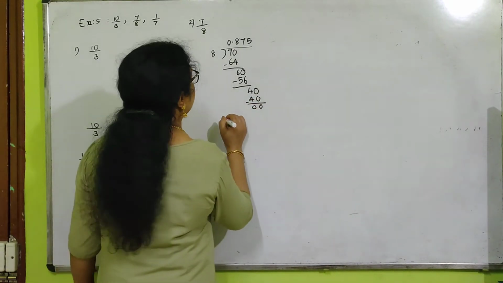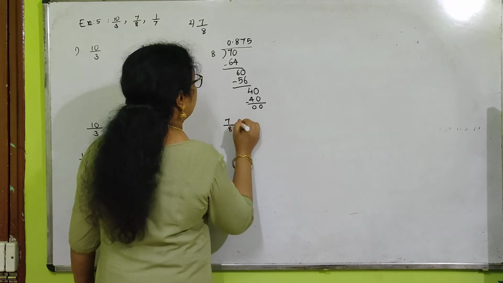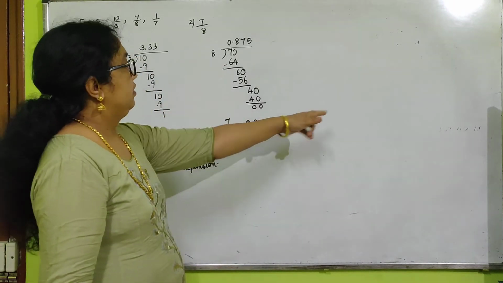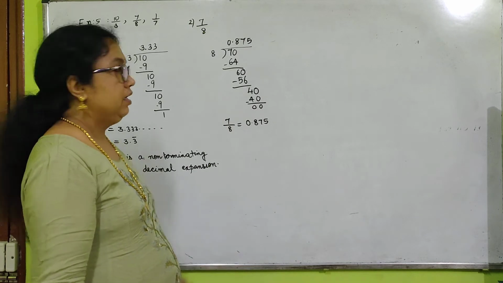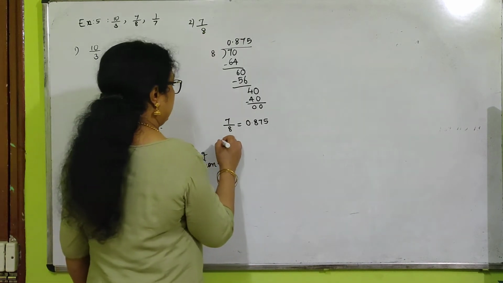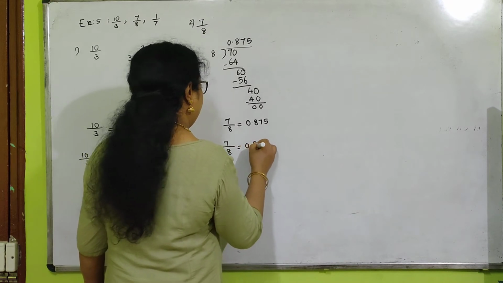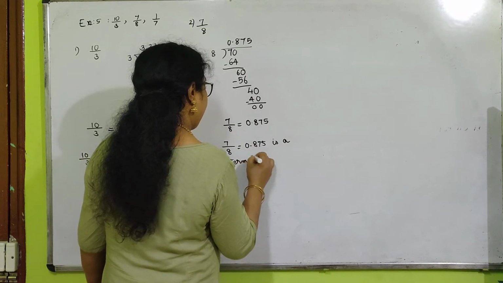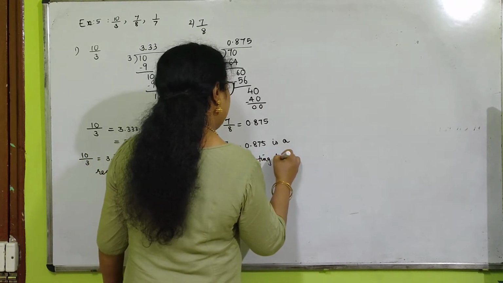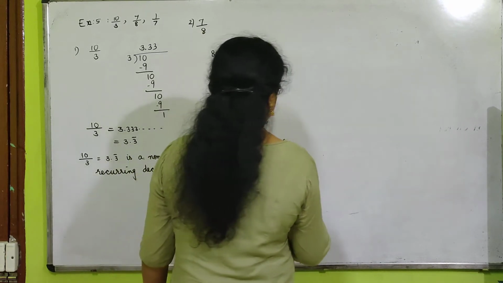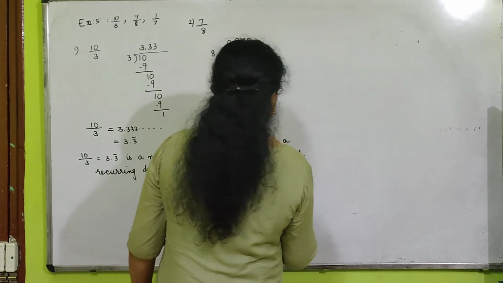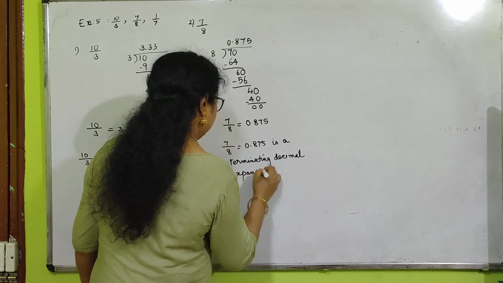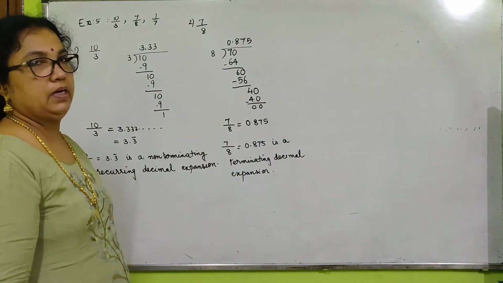So how can we write 7 by 8? 7 by 8 is equal to 0.875. Here this division is finished, 0.875. So 7 by 8 equal to 0.875 is a terminating decimal expansion.